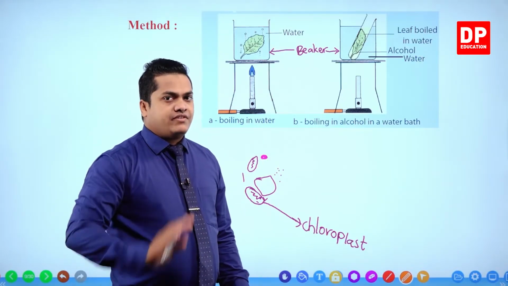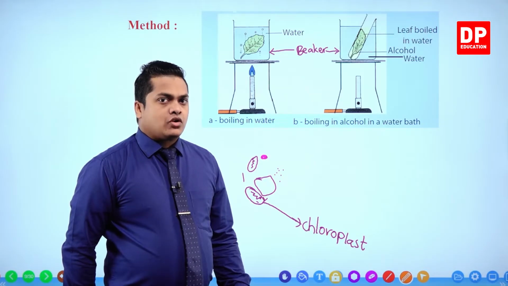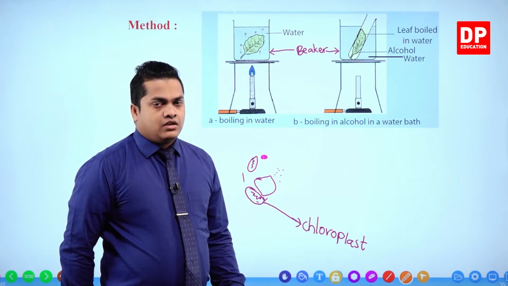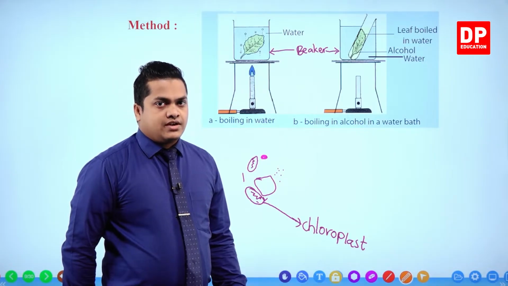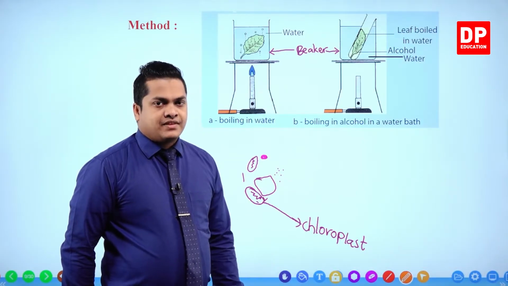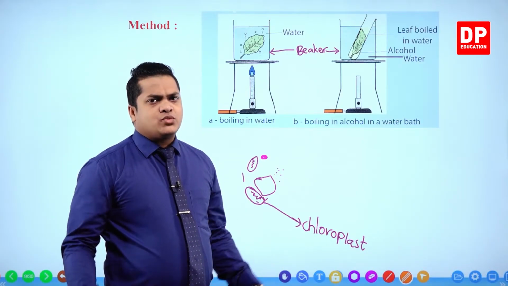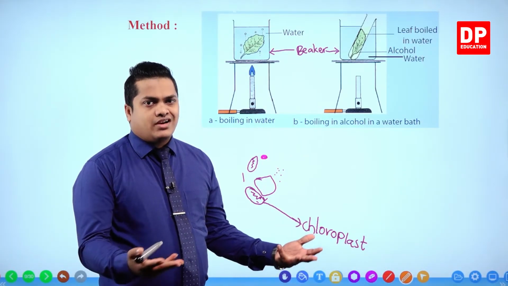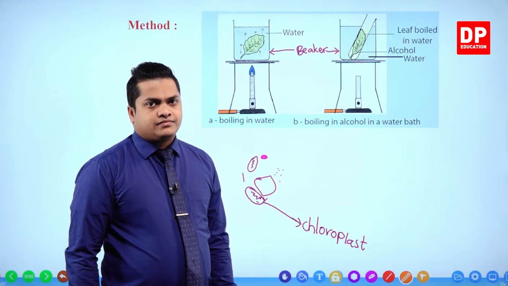But there is another difficulty. What is that? You know that chloroplast contains chlorophyll. Chlorophyll is dark green or green in color. As it is green, it's very difficult to get a clear observation.